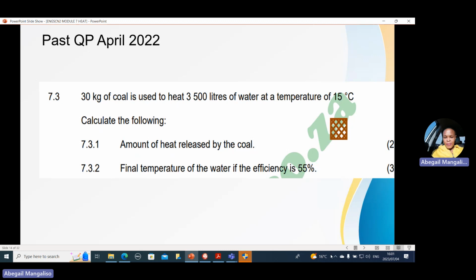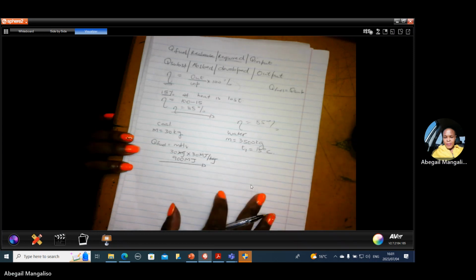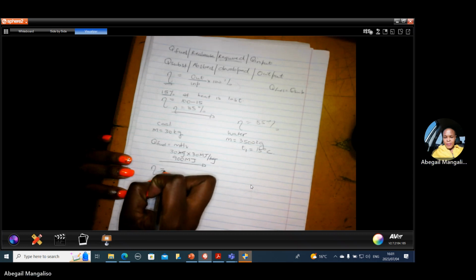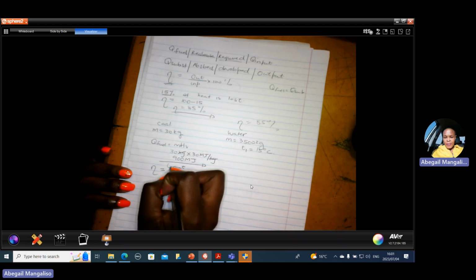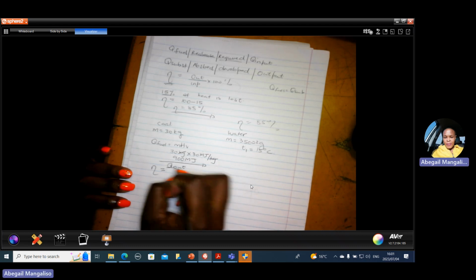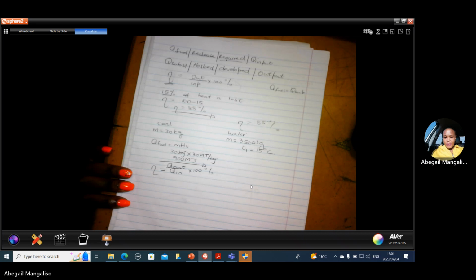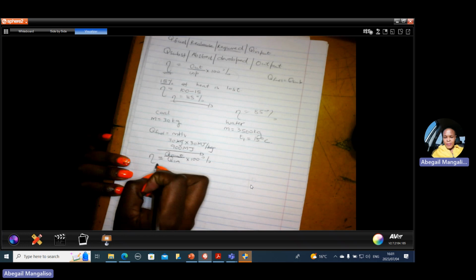So you use the formula of efficiency to calculate the heat of the water. Efficiency is equal to the Q output divided by the Q input multiplied by 100%. For efficiency, you're going to put 55 because it's given as 55.